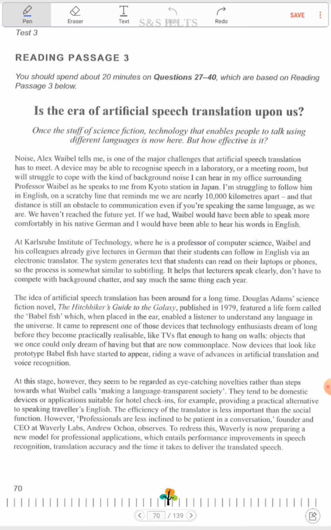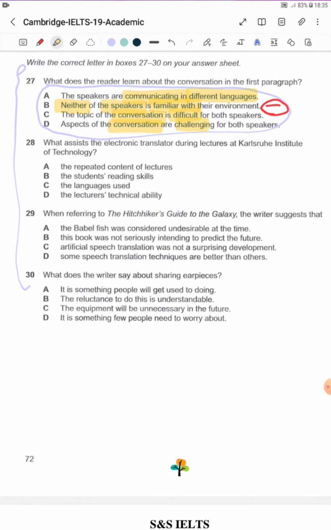Well, paragraph number 1, I check it to find the option regarding the question. Now, here's the trick. Regarding the question and the choices. This is what many candidates have fallen for. They don't read the question.